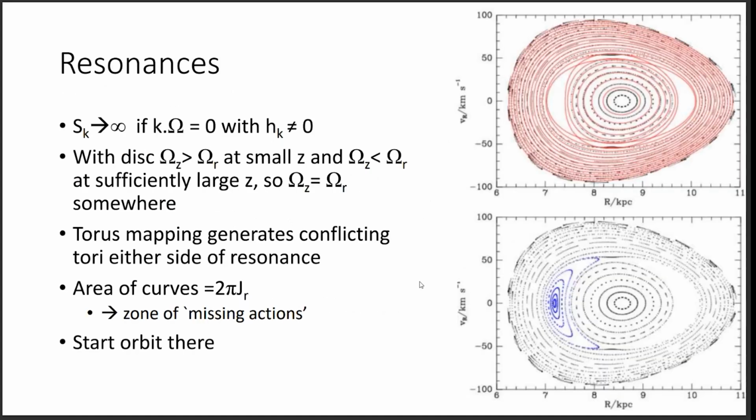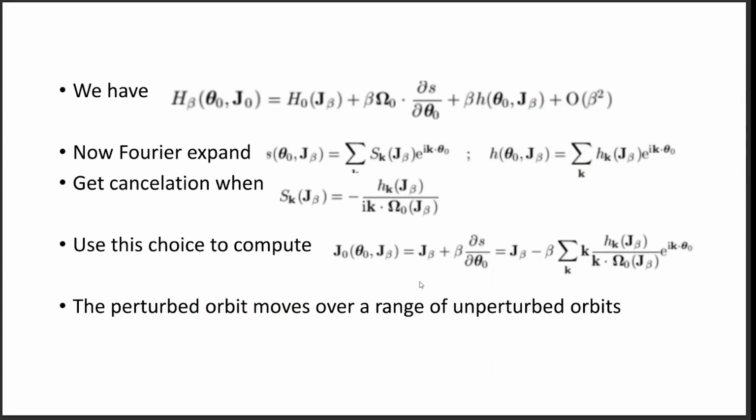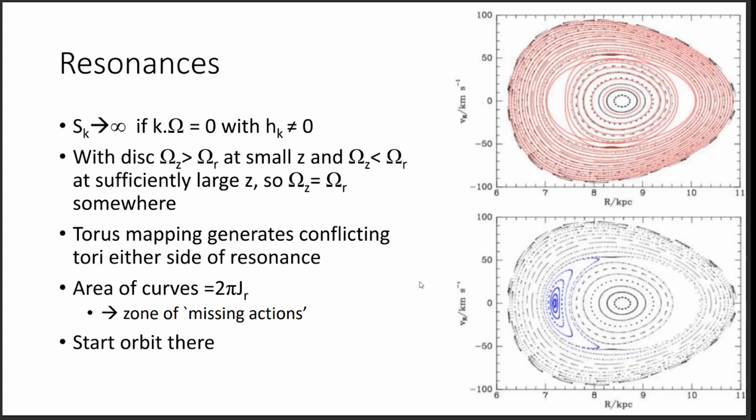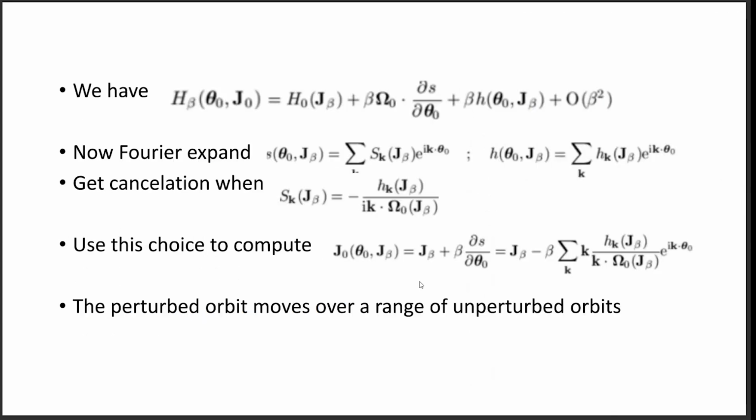Right. So now let's talk about resonances. So that's all very straightforward. The problem arises if we have a resonance. So what we have is this resonant denominator k dot omega naught on the bottom. So remember, that is a vector of integers, and this is a vector of frequencies. And by Murphy's law, it's going to happen that for some k, sometimes for some actions, this on the bottom is going to go to 0.